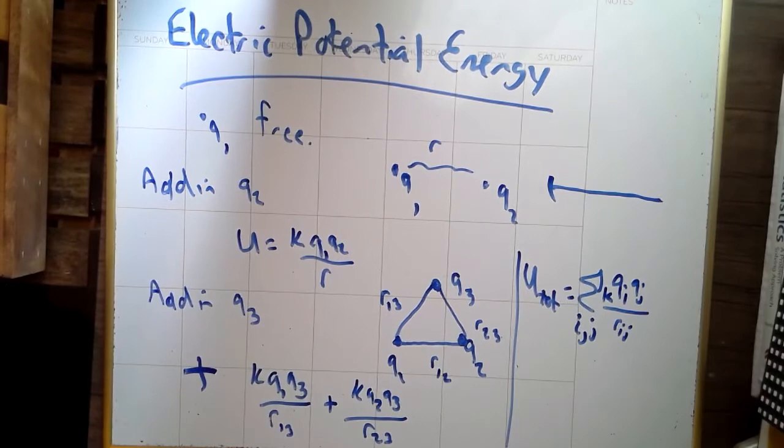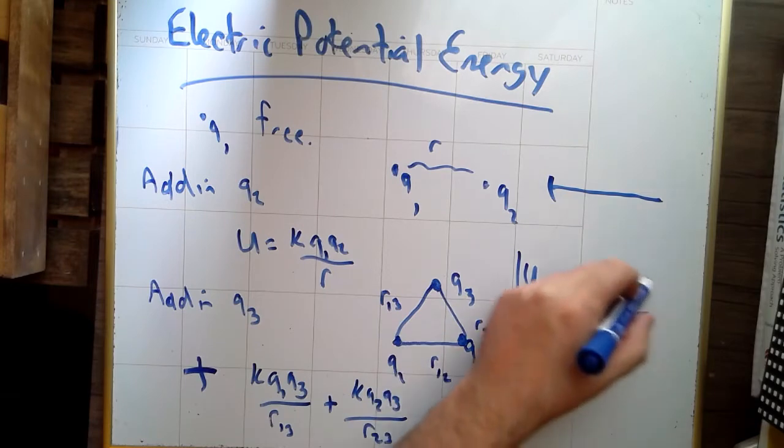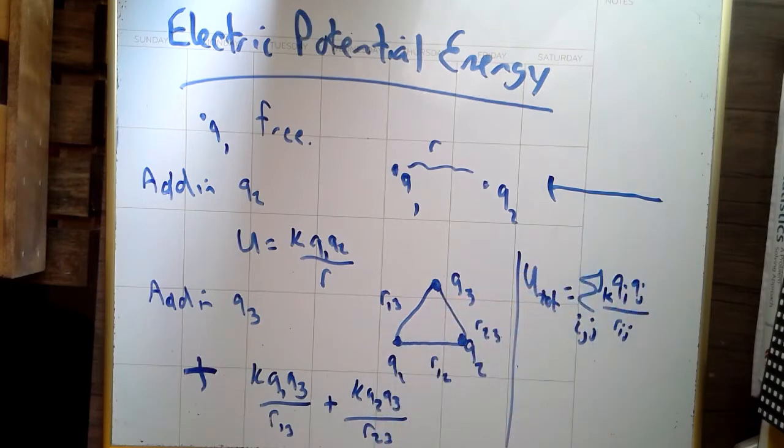So when you're adding up a whole bunch of charges, my suggestion to you is start small. Start with one charge, bring in one, bring in the next one, bring in the next one. And every time you bring one in, you need to find the energy between that charge and everyone that already existed. This is a sum over all possible pairs of charges.